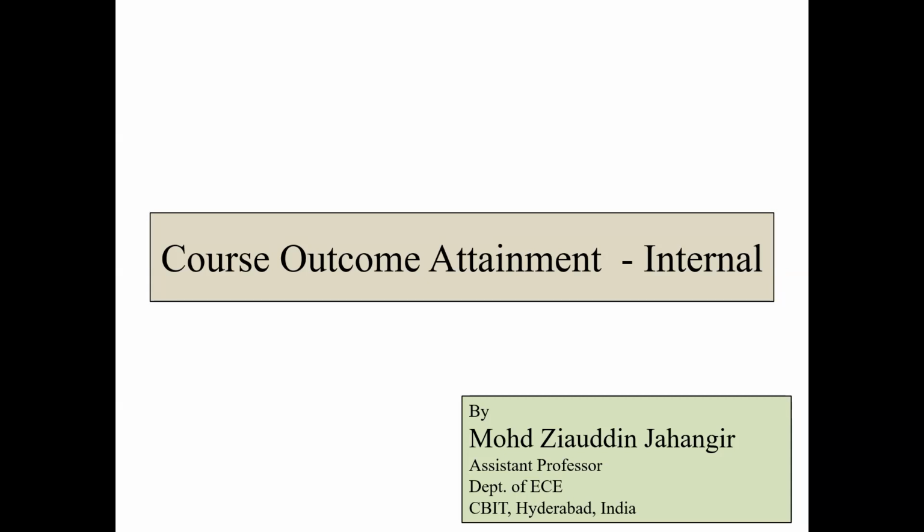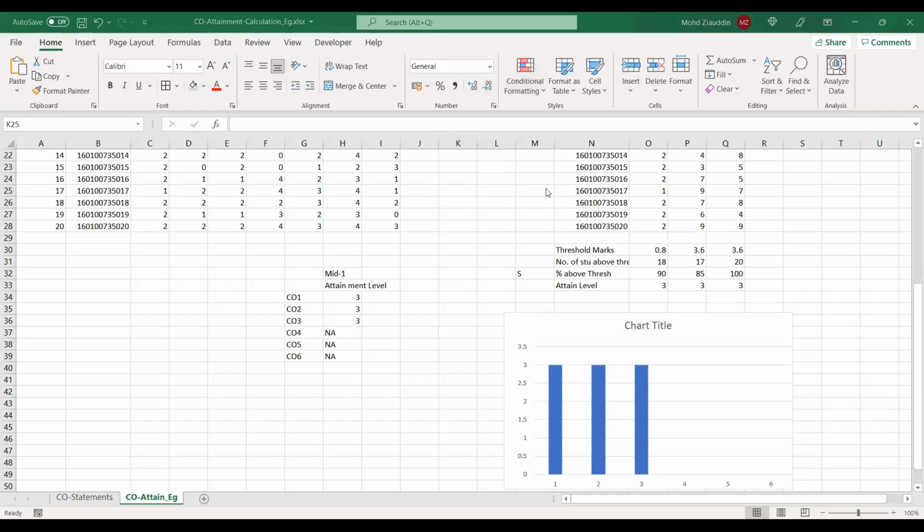Let us proceed. In the previous lecture, we have seen how to evaluate the course outcome for a particular mid-examination. I hope you remember the procedure which we followed in the earlier class to find the CO attainment for a given mid-examination.